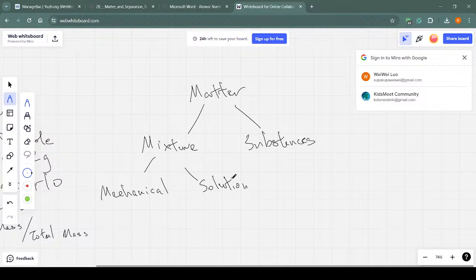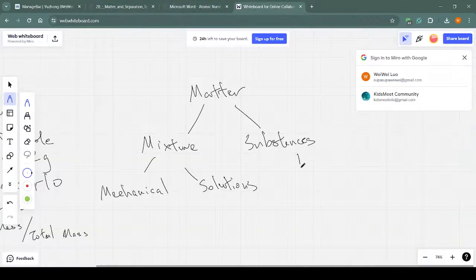Solutions. Solubility charts has them? Oh, I guess some of them. Not all of them though. Okay, we don't get a pressure chart apparently. So yeah. Okay.